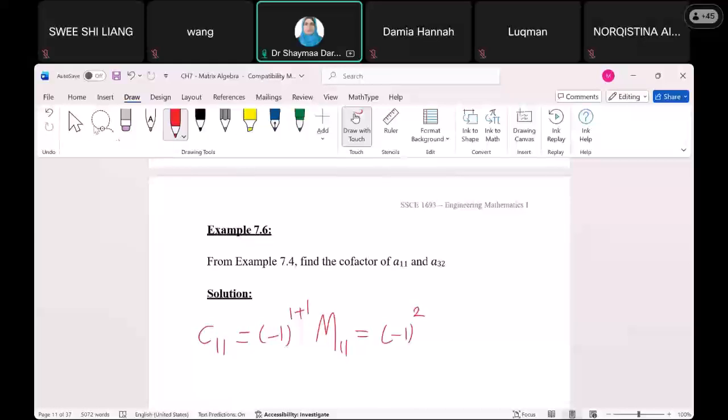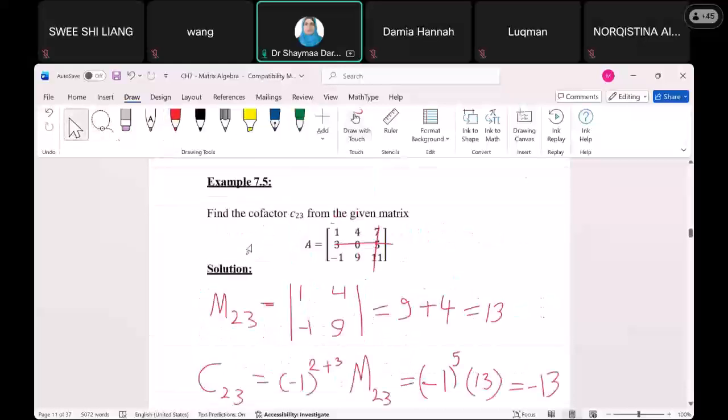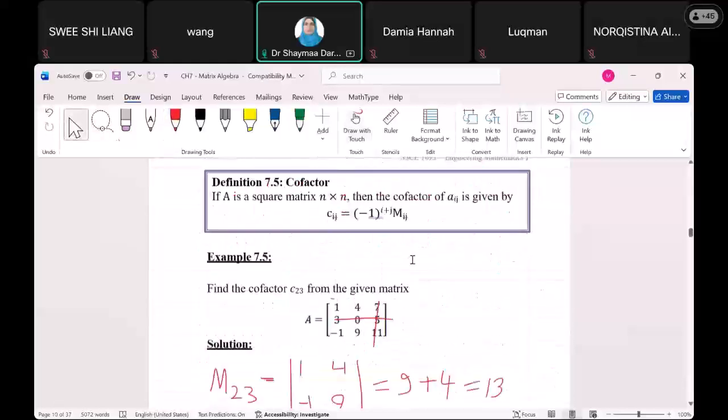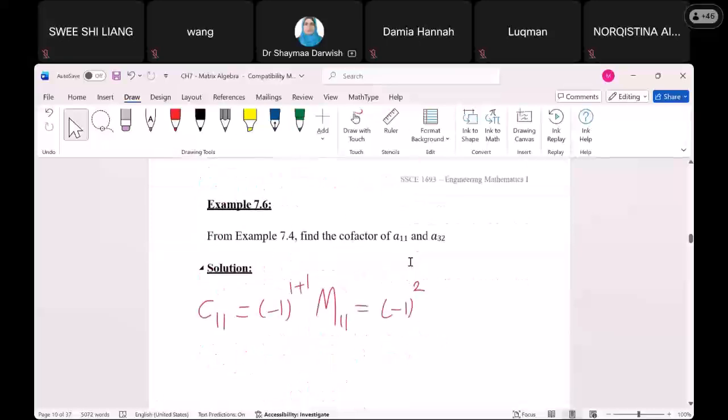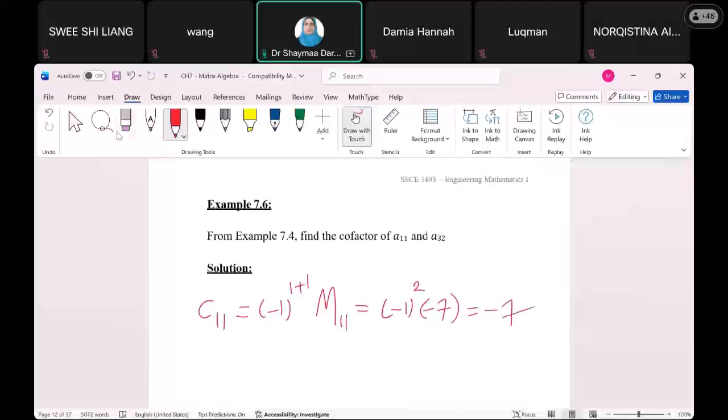Minor 1, 1 is minus 7. Minus 1 to the power 2 is 1, times minus 7 is minus 7. So the cofactor C11 is equal to minus 7, because the square here cancels the negative.